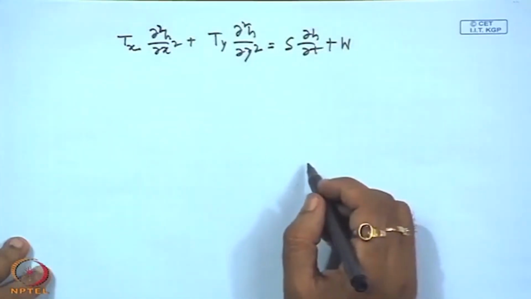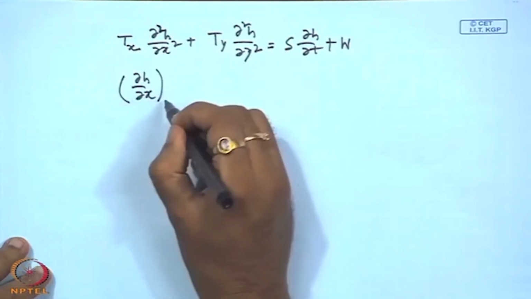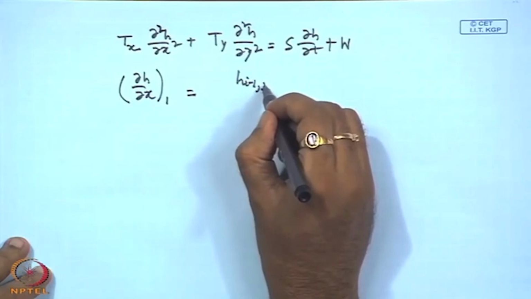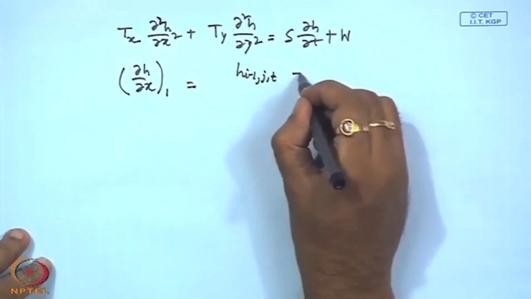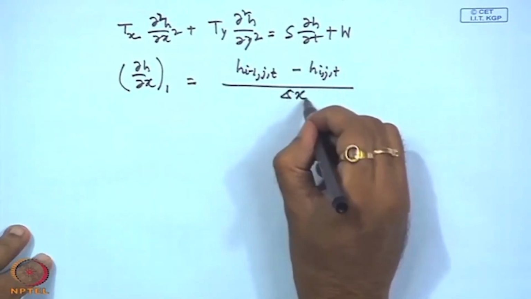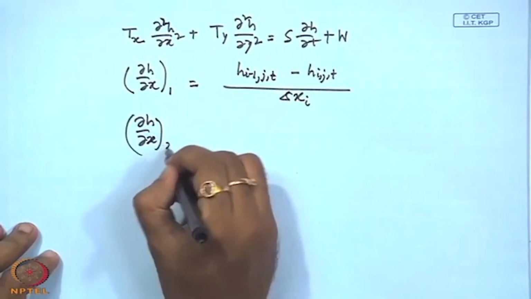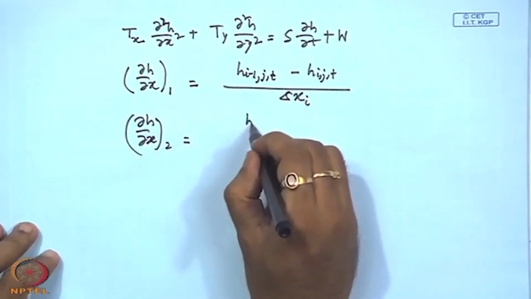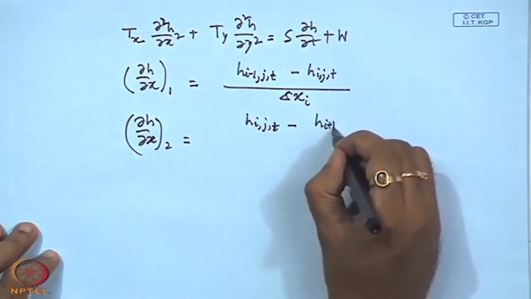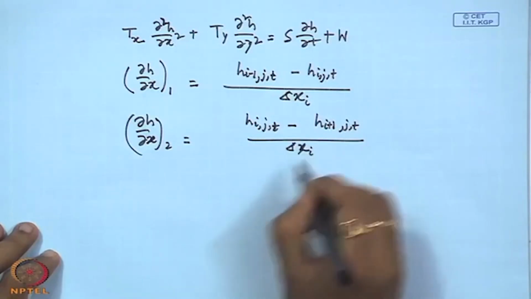If we talk about the finite difference form, then we can write del h by del x for the first face as h i j t minus h i minus 1 j t divided by del x i. For the second face, del h by del x is h i j t minus h i plus 1 j t divided by del x i.